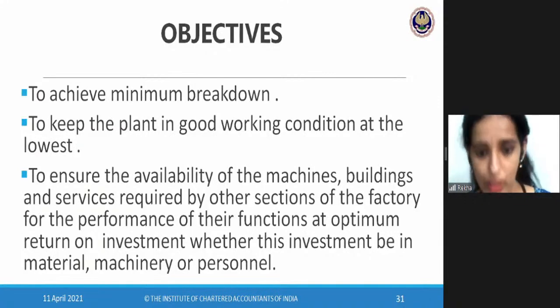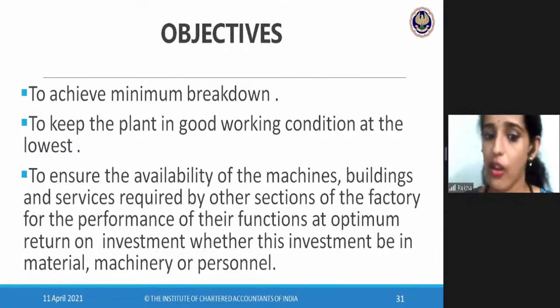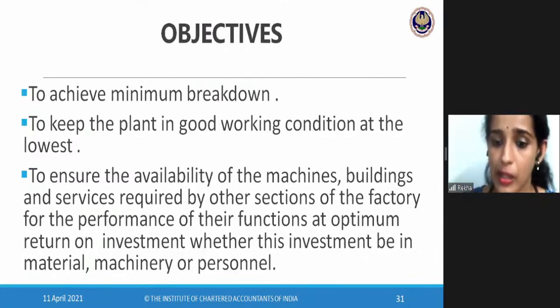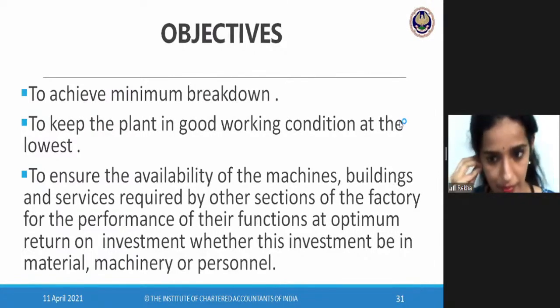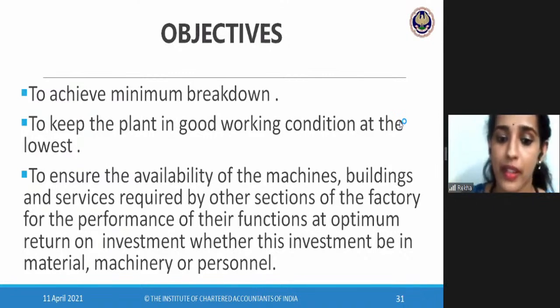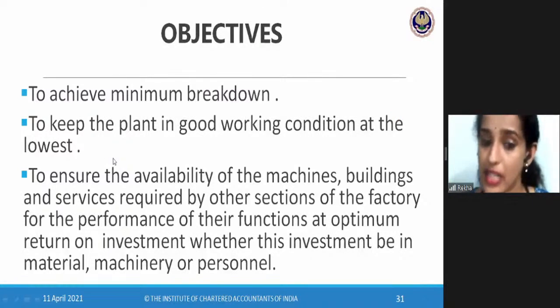Work is going smooth. All these equipments are in a good working condition, and also, optimum. Say, for example, how much we are investing in these particular equipments or machines, it should be giving the optimum result.